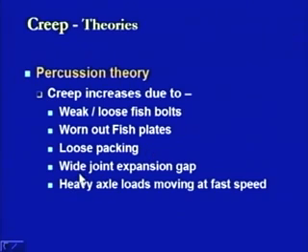Further, there will be a wide joint expansion gap. In that case, if the two rails have been jointed together, but the gap provided between the rail sections is quite wide, then the wheel which is coming at the top of the rail section will have sufficient distance at which it is going to strike on the forward rail section.